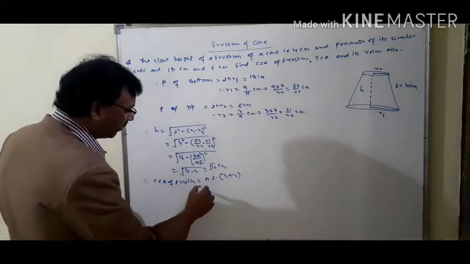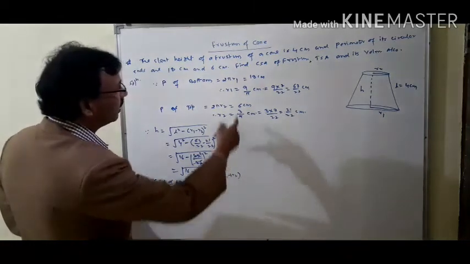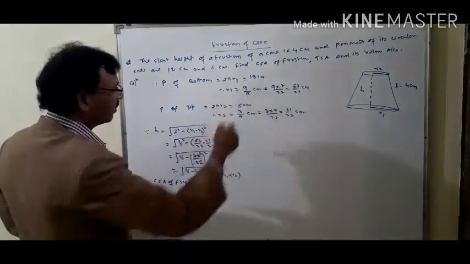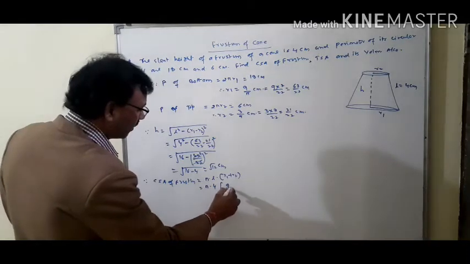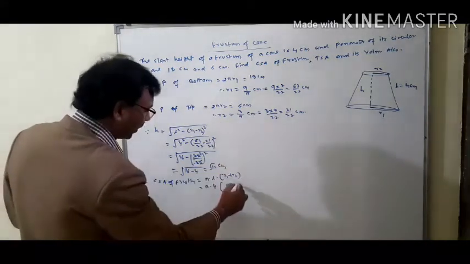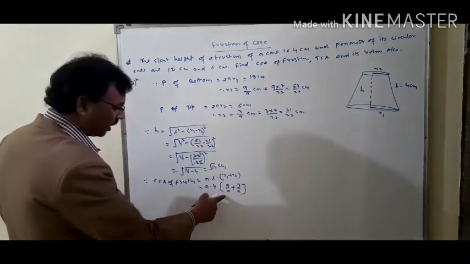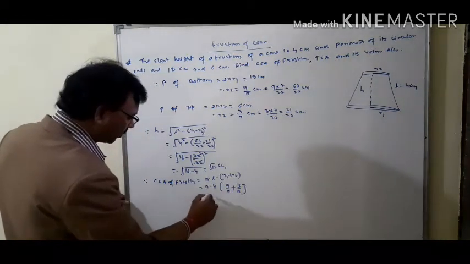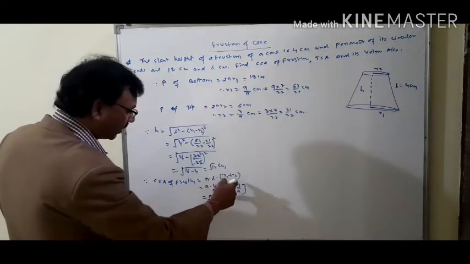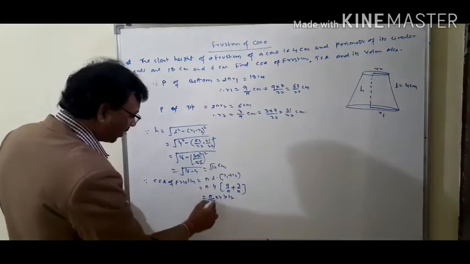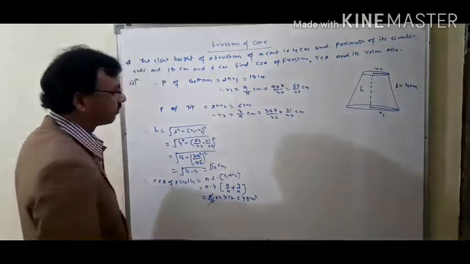That means pi into 4 into (9 upon pi plus 3 upon pi). Taking pi common, this will be pi upon pi into 4 into (9 plus 3), this will be 12. Pi and pi will be cancelled, this will be 48 centimeter square.